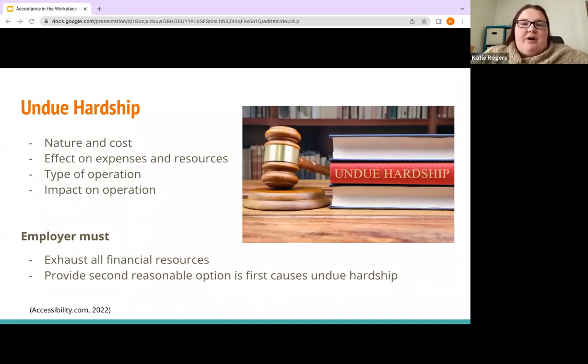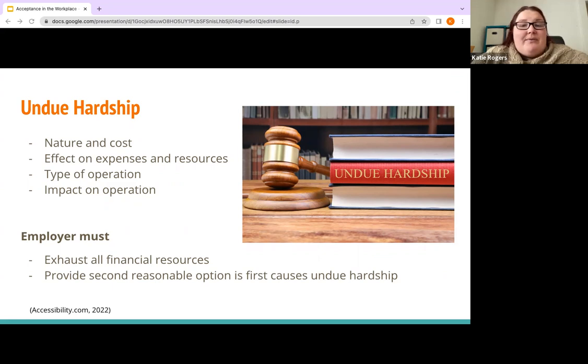So let's talk about undue hardship. Now, a determination of undue hardship is based on several factors. So this includes the nature and the cost of the accommodation needed, the overall financial resources of the facility making the reasonable accommodation. So that includes the number of people employed at the facility and the effect on expenses and resources of the facility.